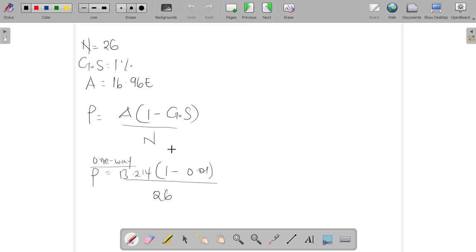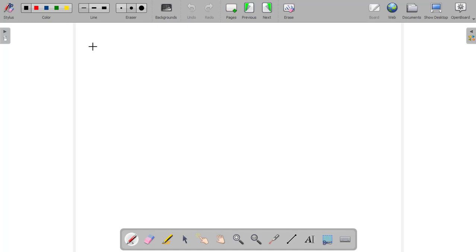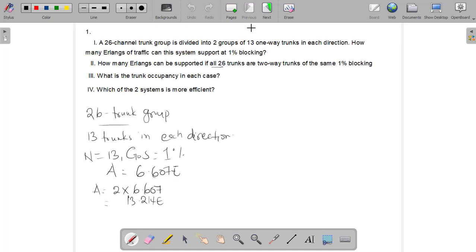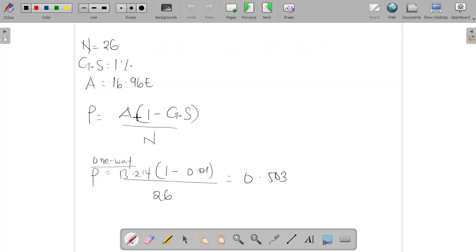So we are finding a total. This is different from a case where you'll be asked to find them separately for outgoing and incoming. But here we are finding the trunk occupancy for the entire system, using the total traffic intensity and the total number of trunks. Once simplified, this gives us 0.503 or 50.3%.